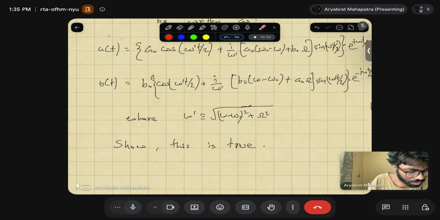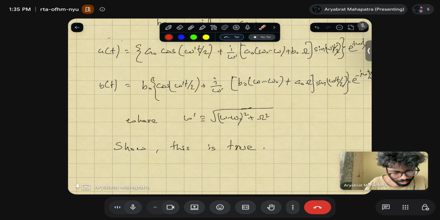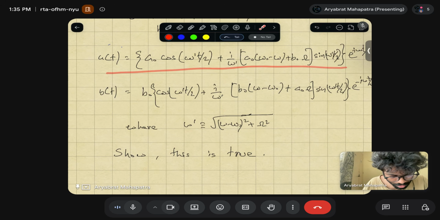Okay. So then we have to show exactly that this A of t is a solution here.